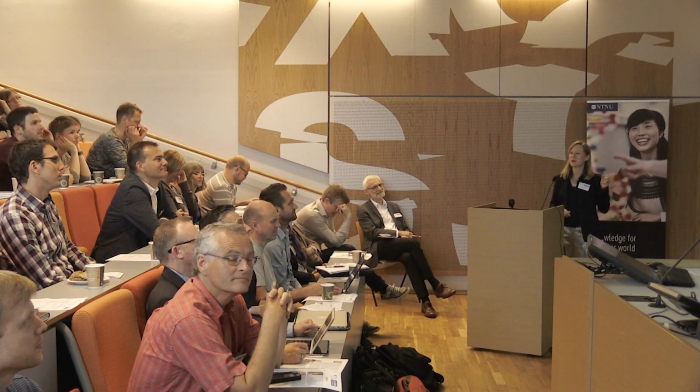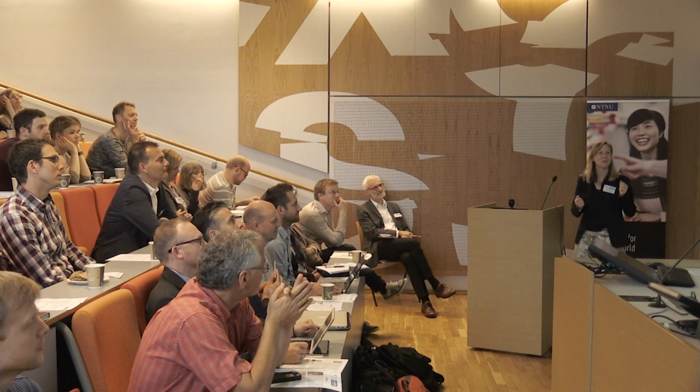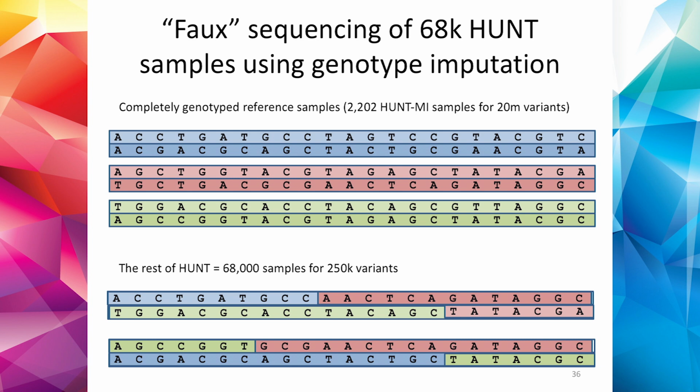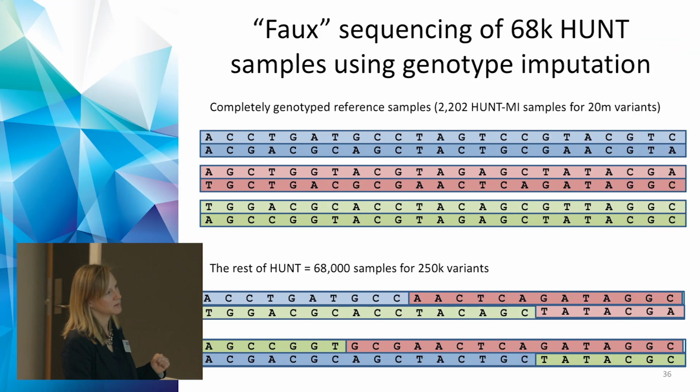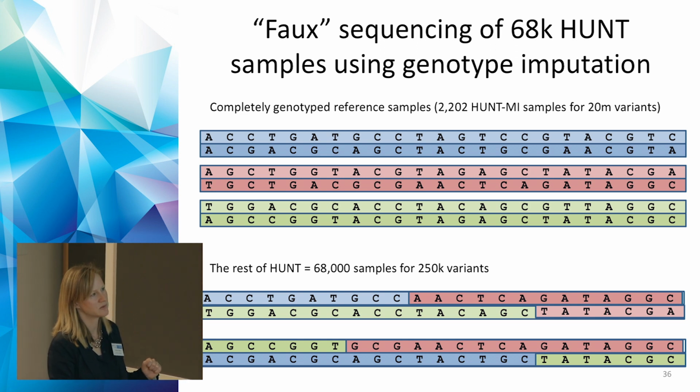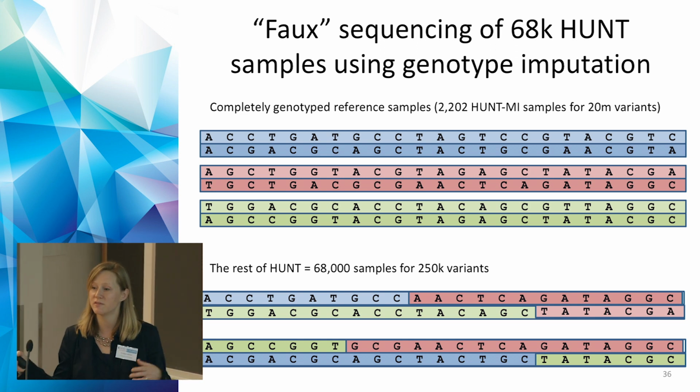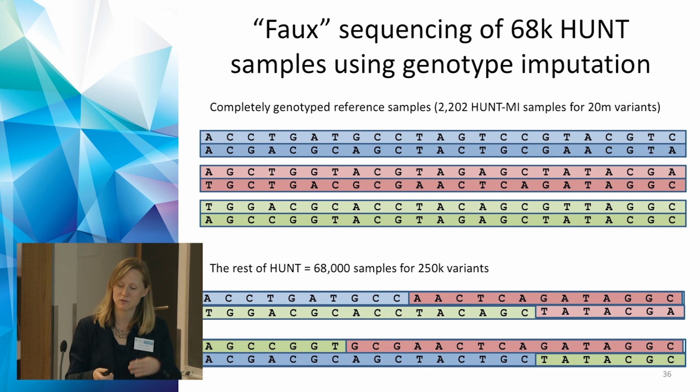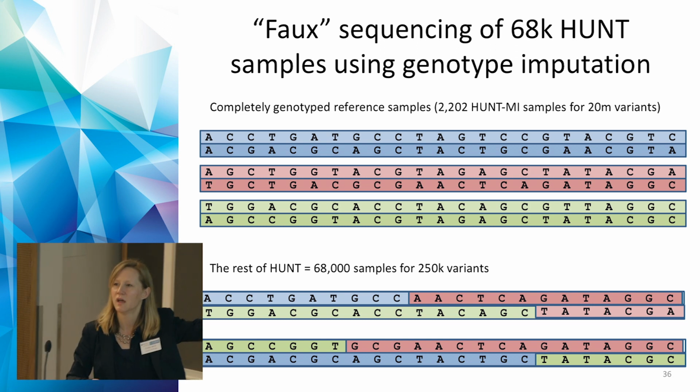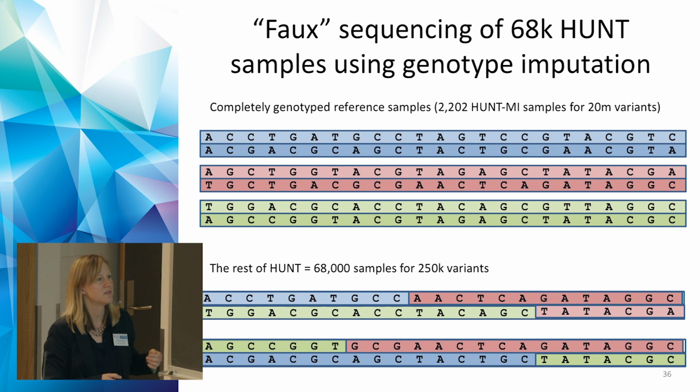The experiment we designed moving forward with this data was, well, let's do GWAS in all of our HUNT samples. And what that means is that we'll have a slightly sparse view of the genetic information in those individuals. We genotype markers as signposts within the DNA.